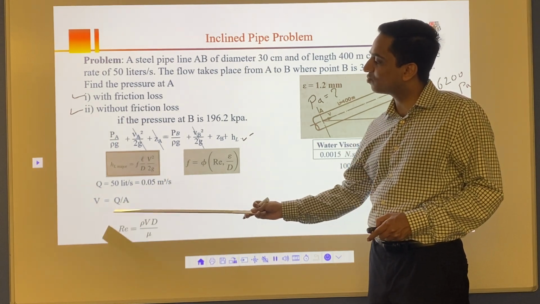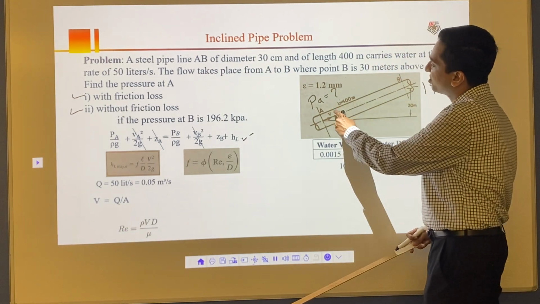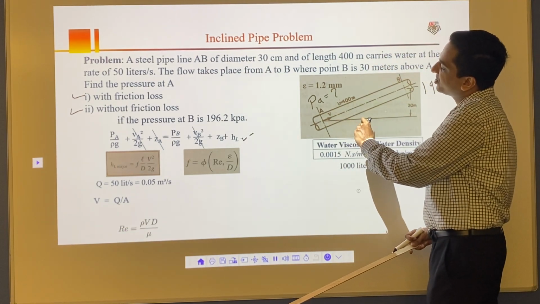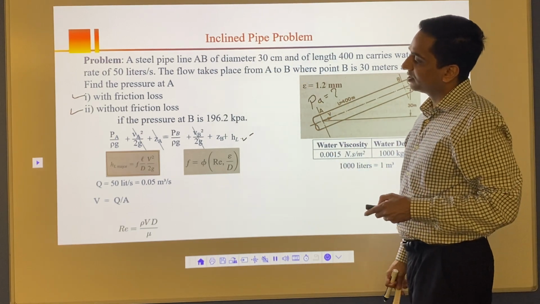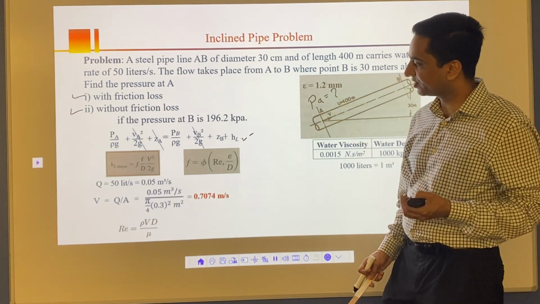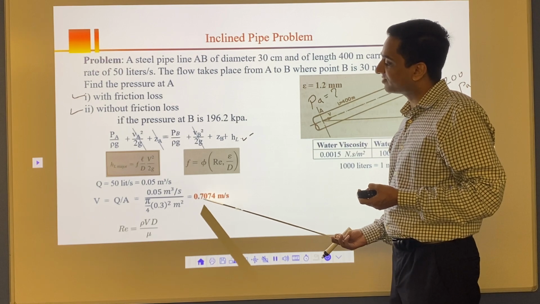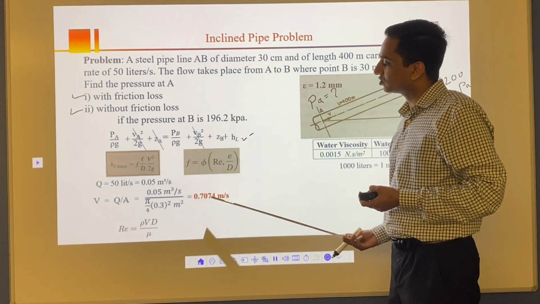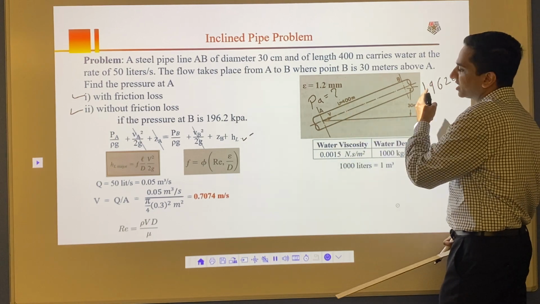Velocity is nothing but Q by A, so 0.05 divided by the area, pi by 4 d square, with d being 0.3, the 30 centimeter diameter. If you pause the video and calculate, you can get the velocity around 0.707 meters per second. That's the velocity from A to B, and it's constant at this point and this point.